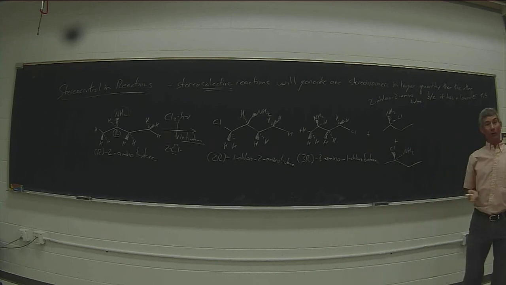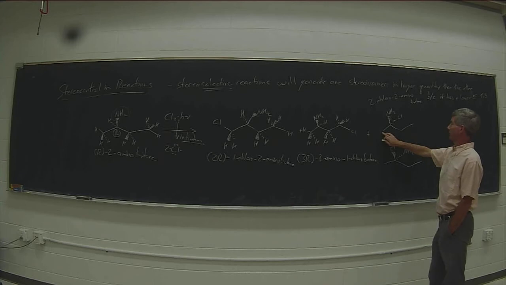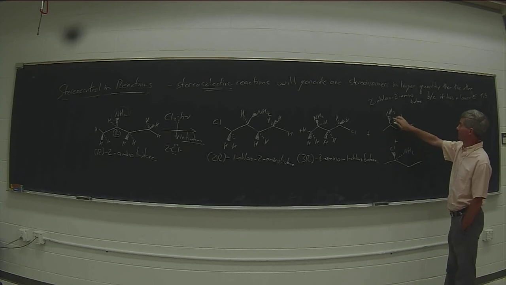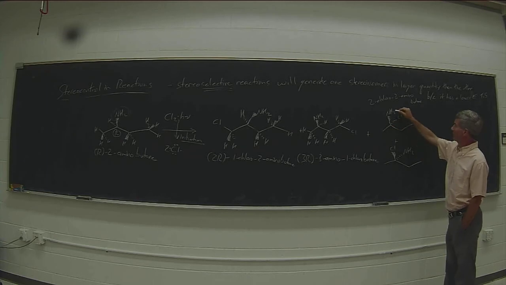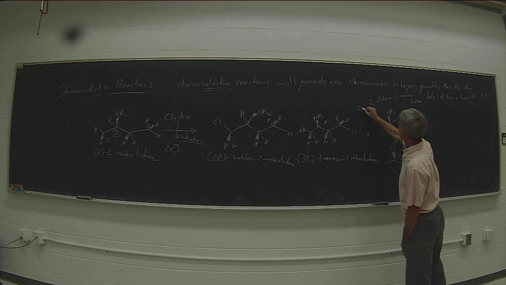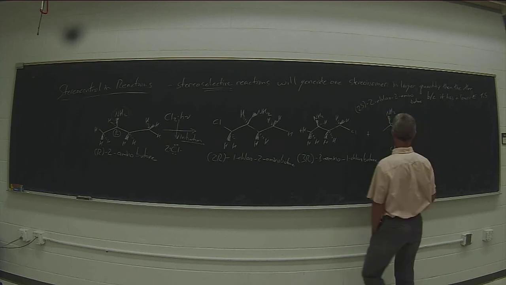And now there's no hydrogen attached, which means the methyl group is actually the fourth priority substituent. Chlorine outranks nitrogen, nitrogen outranks carbon. So looking from the carbon to the CH3, I would be going from my chlorine behind the board to my nitrogen out in front, and then the one in play. This is the S stereocenter. And this is the R stereocenter.